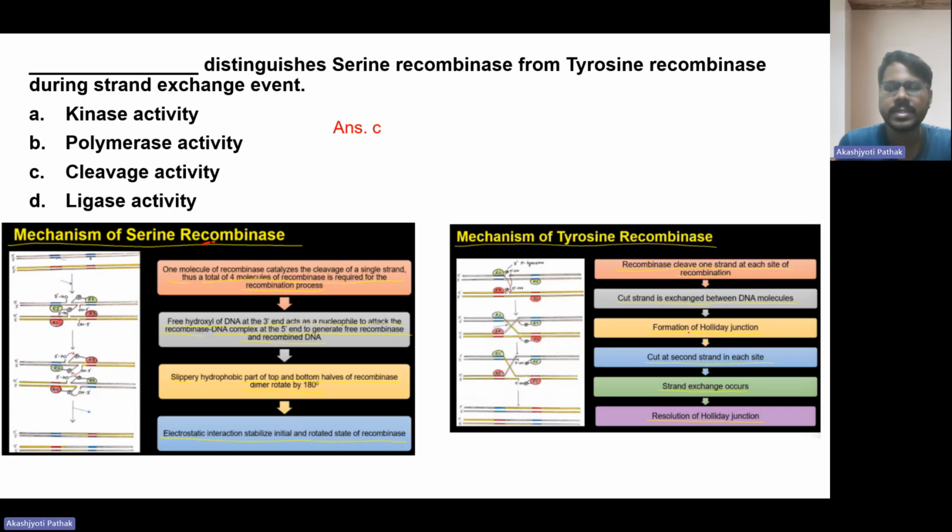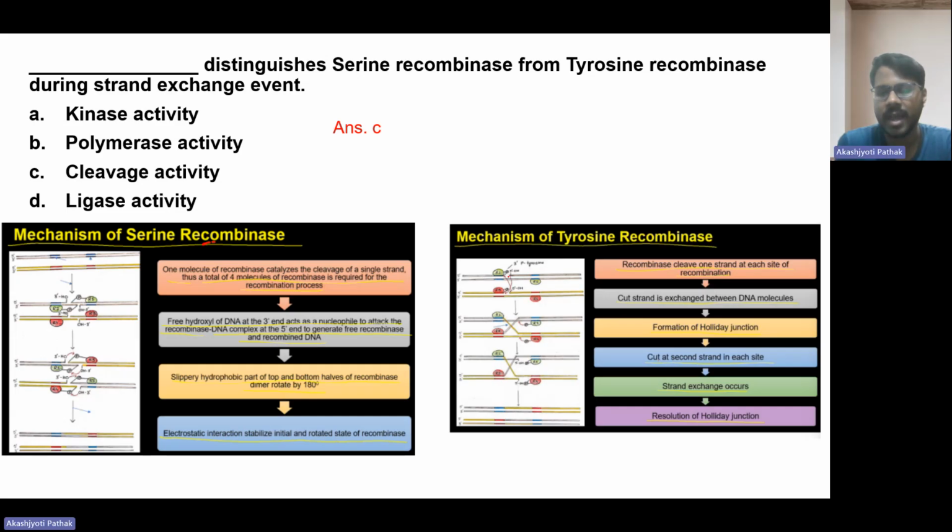So Holliday junction was also formed, if you have watched the lectures, this was discussed when homologous recombination was being taught to you. So you see here, with the formation of Holliday junction, the two strands are exchanging their genetic material, and then what happens? As the cut at second strand in each side.